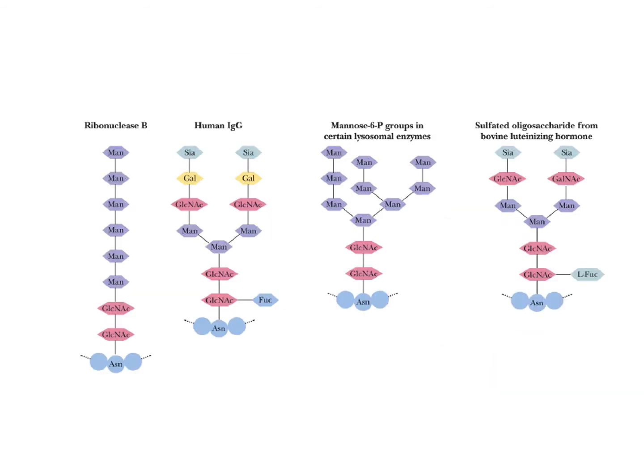And various types of monomers as well as linkages can be used for generating the glycoproteins. So in the case of ribonuclease B, it has a GlcNAc and mannose that is attached in just this linear structure to the asparagine, as opposed to human IgG, which actually has the branched form with a mixture of GlcNAc, mannose, fucose, as well as galactose and so on.